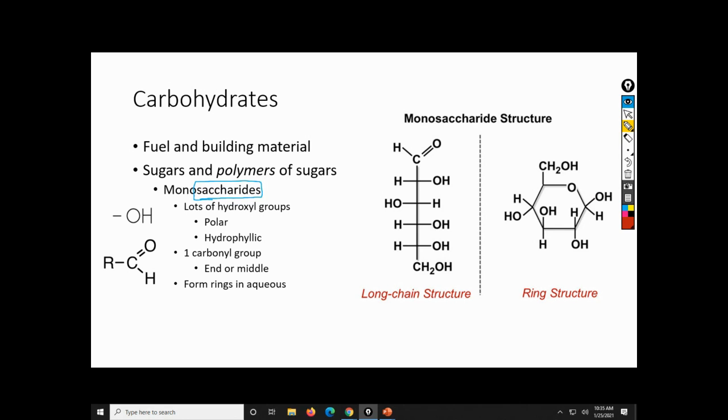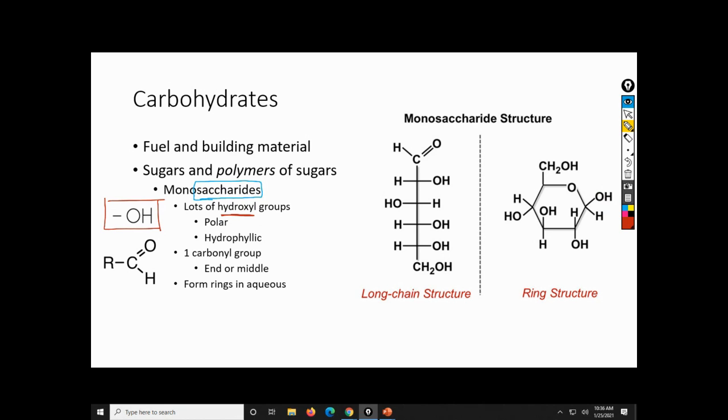Let's switch colors. A hydroxyl group is also simple, being a small, simple structure. So this is our hand and mitten structure.